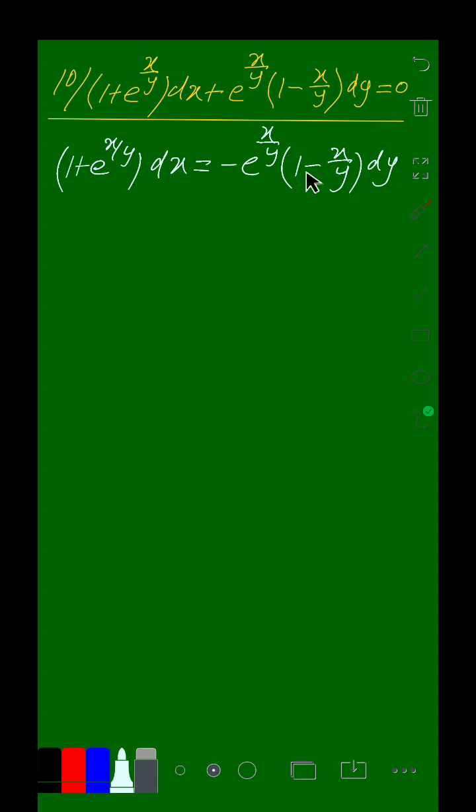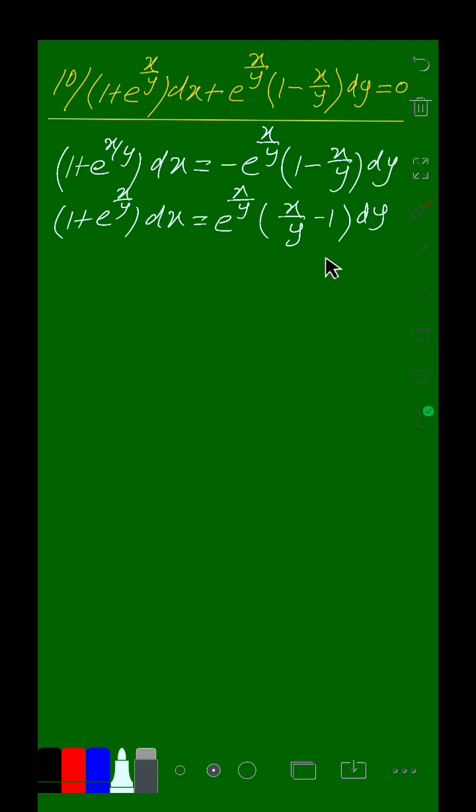Taking minus common out of this bracket, this minus becomes plus, and we may write it as (1 plus e raised to the power x upon y) dx is equal to e raised to the power x upon y (x upon y minus 1) dy.